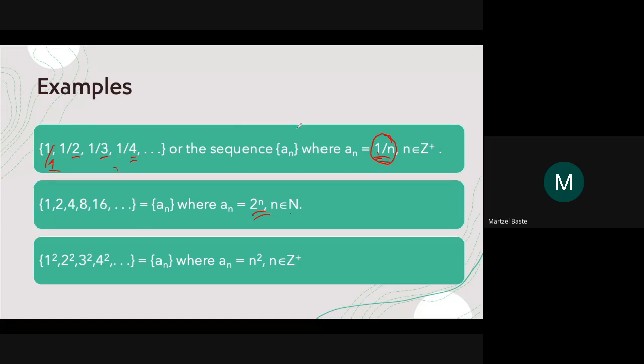Why is it 1, 2, 4, 8, 16? Paano siya naging 1, 2, 4, 8, 16? So n there is any element of natural number.